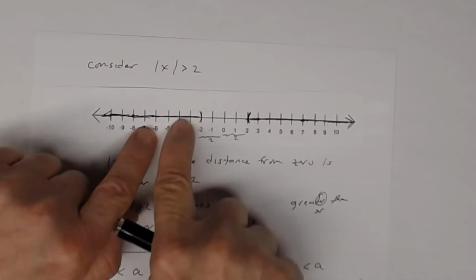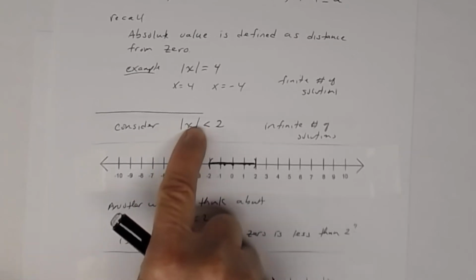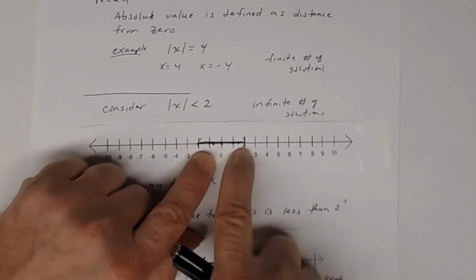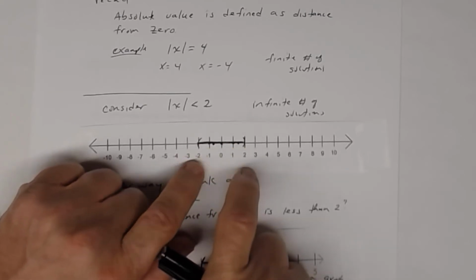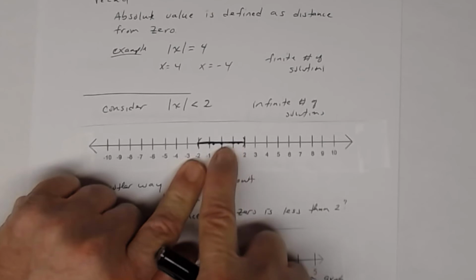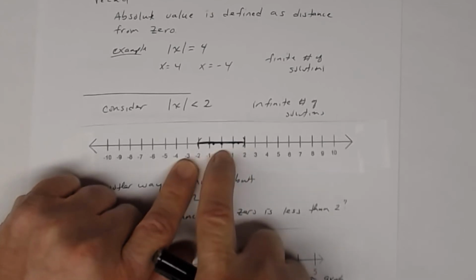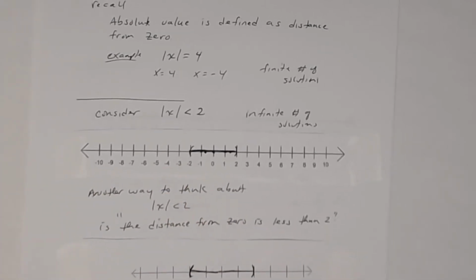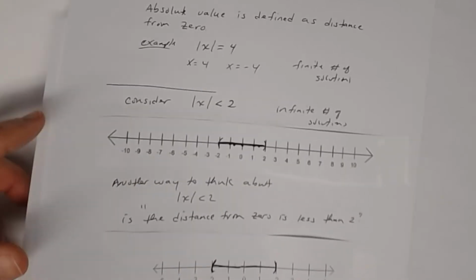So you think of this or this, right? With this one, this distance is less than 2. So that's that compound inequality where you had all the solutions between -2 and 2. So that's -2 is less than x, and x at the same time has to be less than 2.